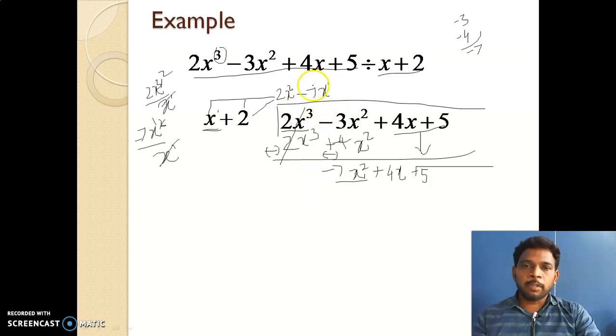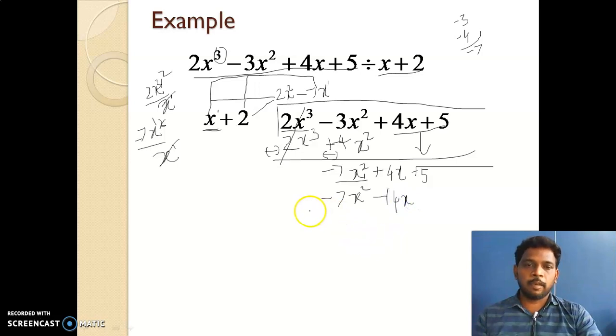So next we are going to multiply the new term with all the terms of the divisor and write it here. Okay, so minus 7x, so here x, when you multiply, this 7x square, the first term will always be equal, you can write it as it is. Okay, and next we are going to multiply the second term with this one. So minus times plus is minus, so 7 twos are 14 and the variable x is there.